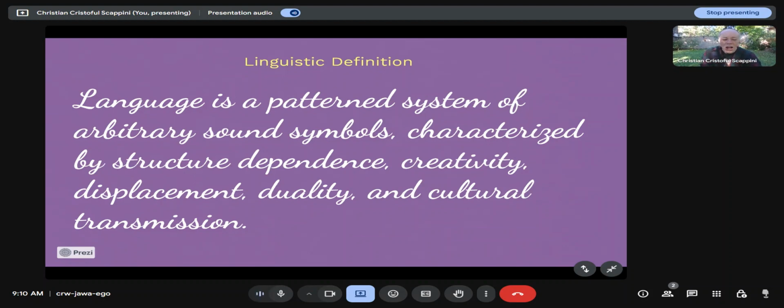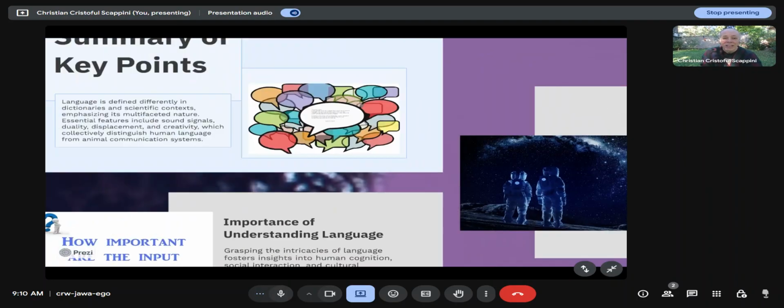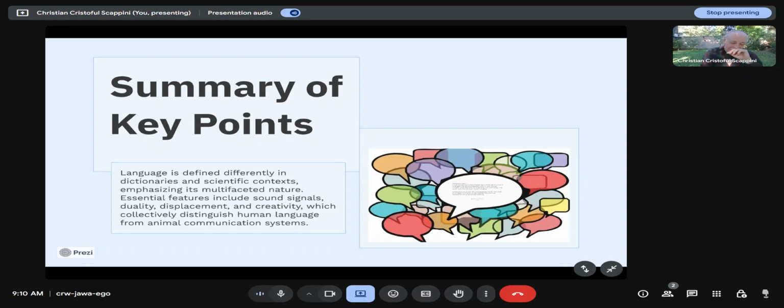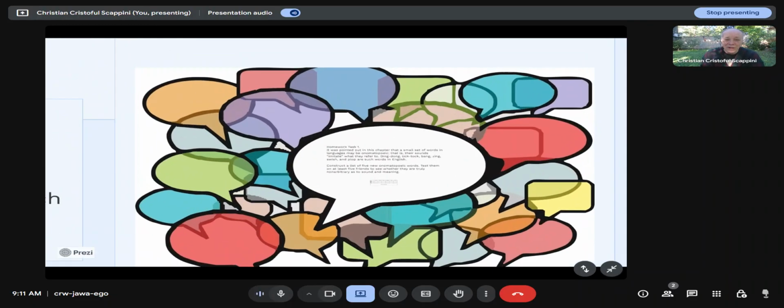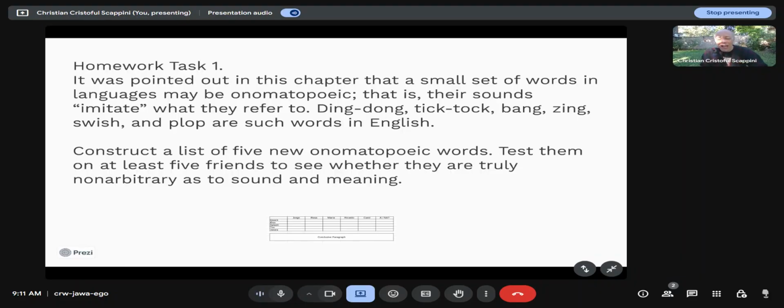Super. Now I'm going to assign homework, okay? And it will be a research homework. You will be conducting a mini research experiment. I took the task from your textbook, An Introduction to Language.